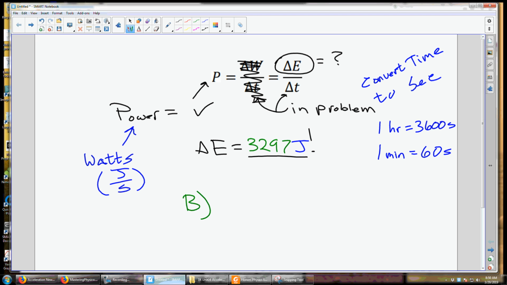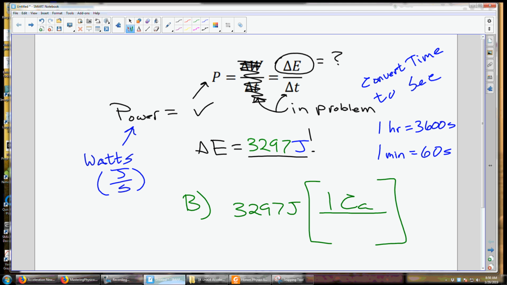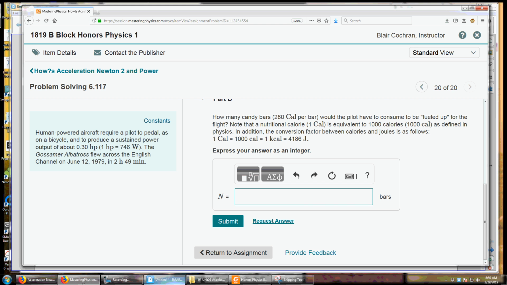So to convert there, I would do my 3297 joules and multiply it by, I want to keep the, so 1 big C calorie per 4,186 joules.